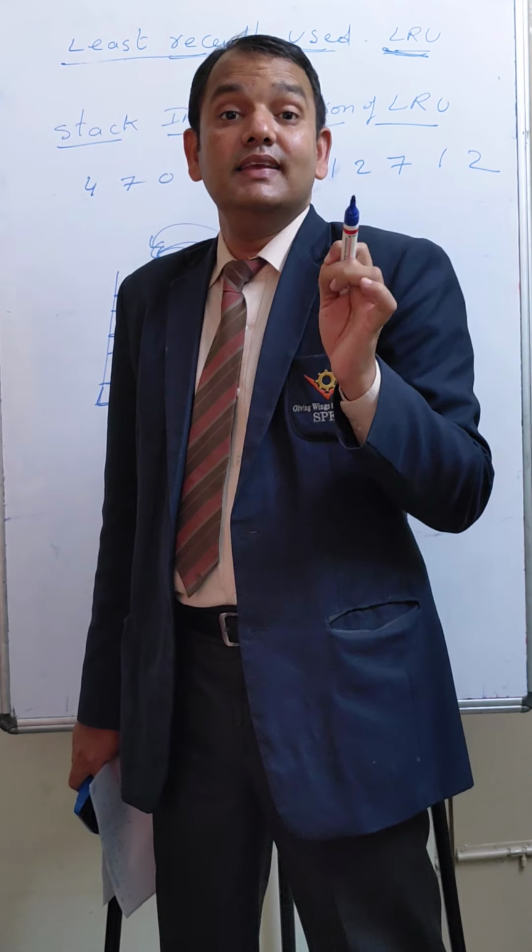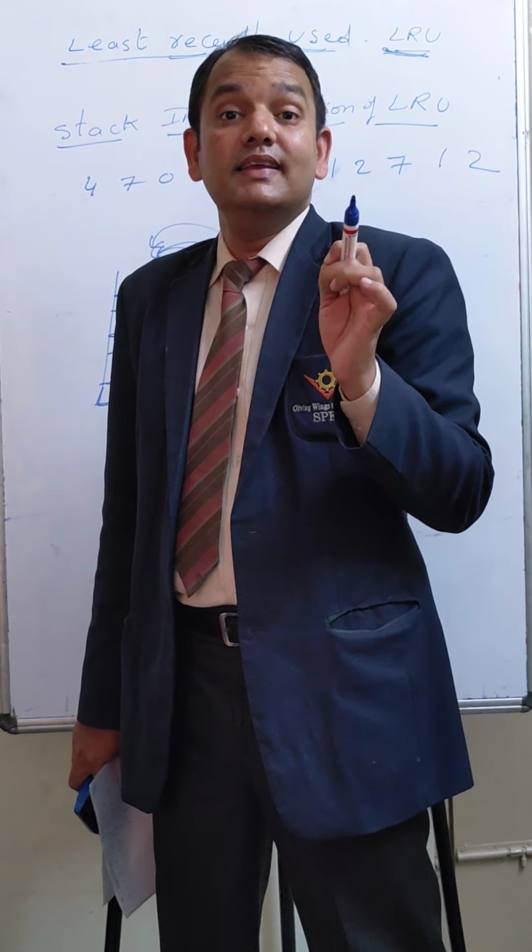For example, if you see this example, the stack is like this: 4, 7, 0, 1, 2. It means right now 2 is on the top. After this operation, the page wanted is page 7.